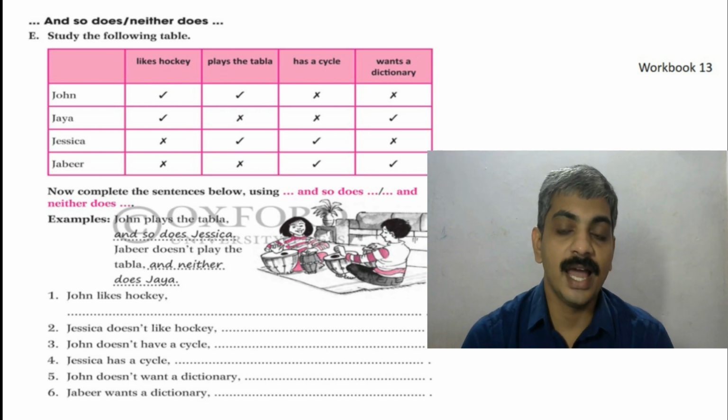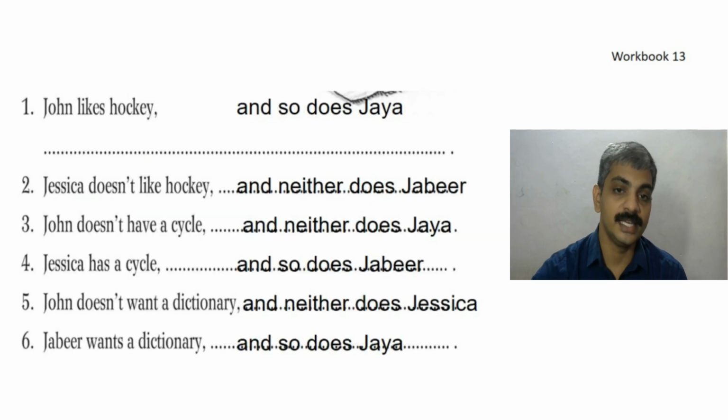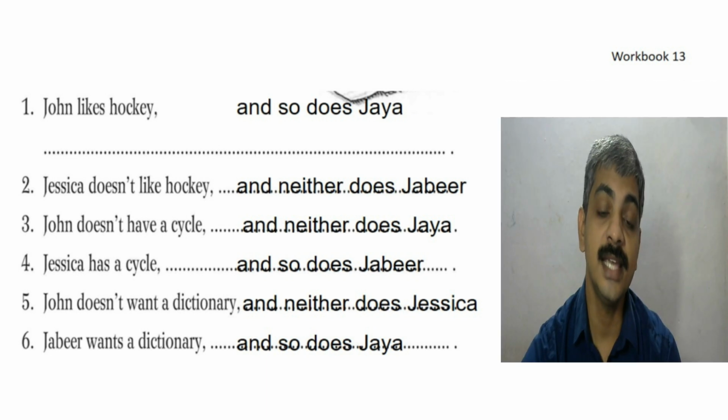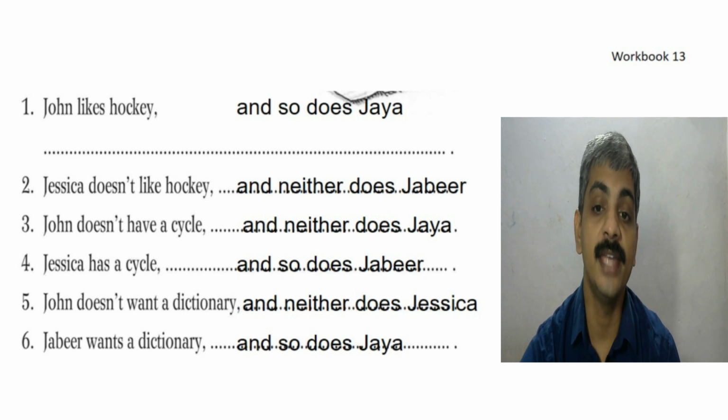Now there are 6 questions we have to do. We shall see how we can do it. John likes hockey and so does Jaya. Jessica doesn't like hockey and neither does Jabir. John doesn't have a cycle and neither does Jaya.